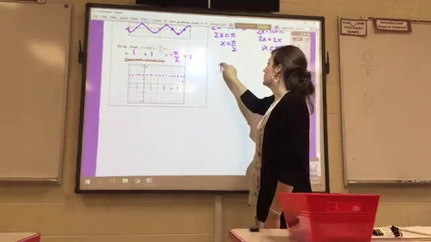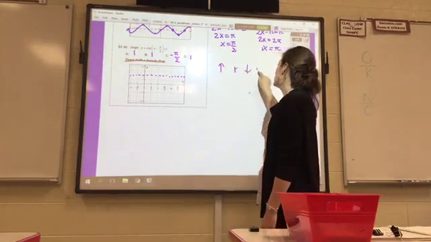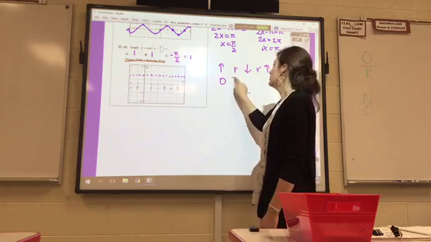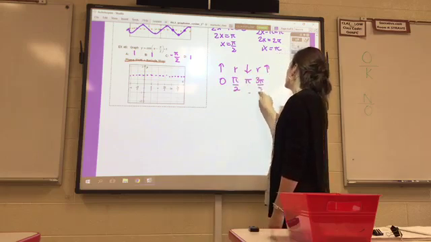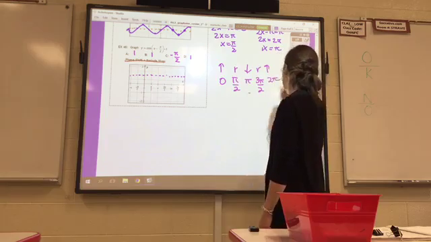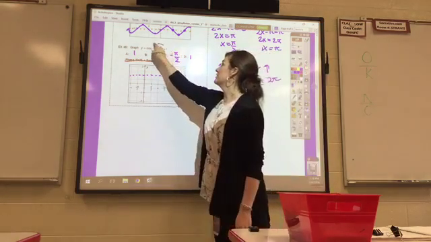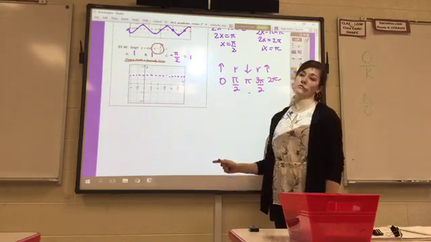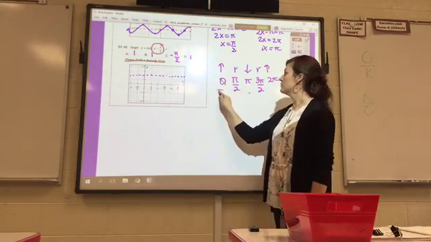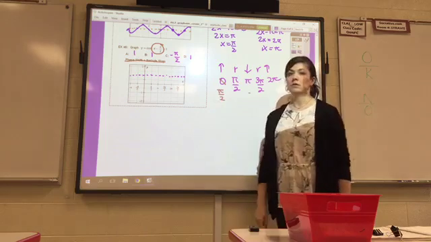This is a cosine graph, so it's up, root, down, root, up: 0, pi over 2, pi, 3 pi over 2, 2 pi. What does this tell me to do to every single point? Add pi over 2. So 0 plus pi over 2 is pi over 2.